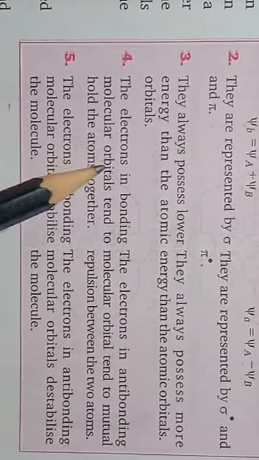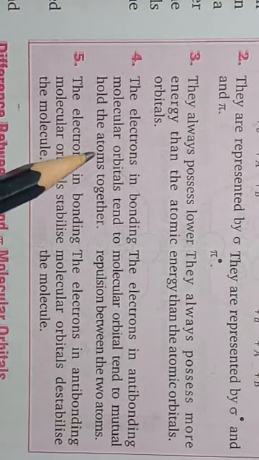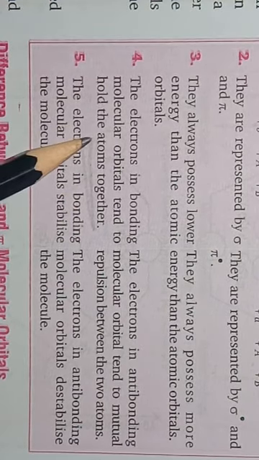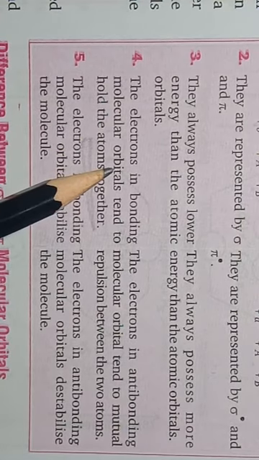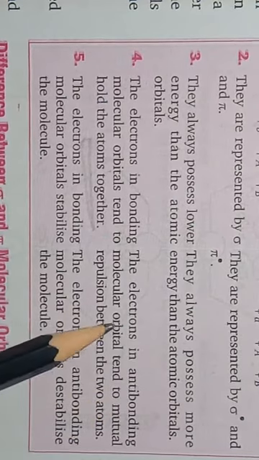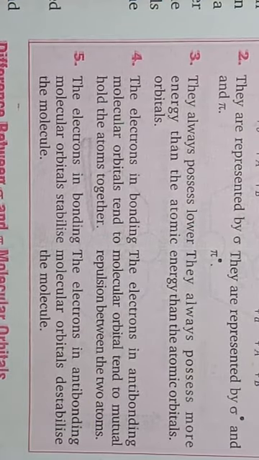Then fourth point, the electrons in bonding molecular orbitals tend to hold the atoms together. So bonding molecular orbitals favor the bond formation or molecule formation, whereas anti-bonding molecular orbitals tend to cause mutual repulsion between the two atoms.